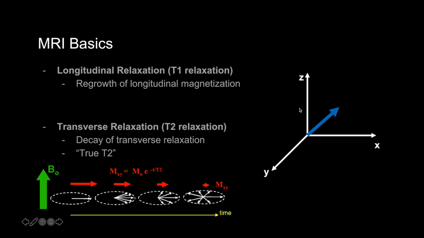If all of the magnetization was in the z-axis, then the transverse component is going to be 0. In other words, any T1 relaxation is always going to be accompanied by T2 relaxation.